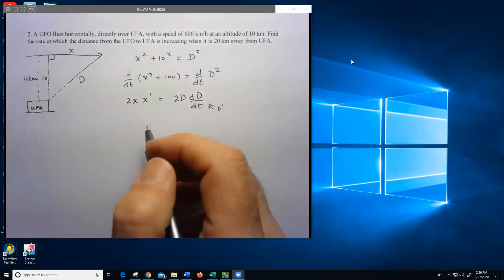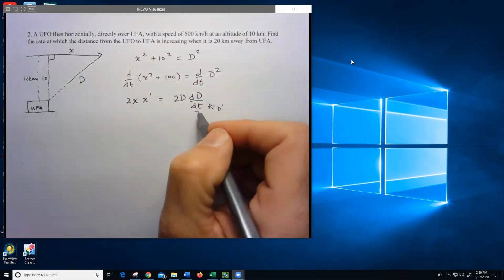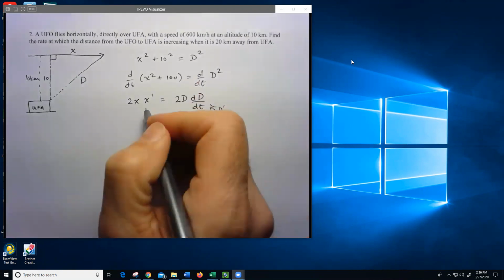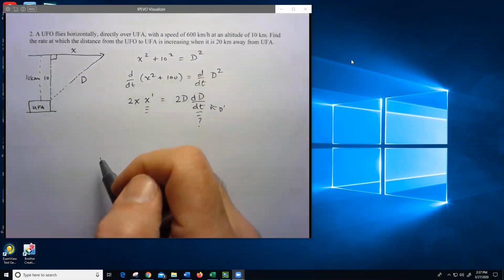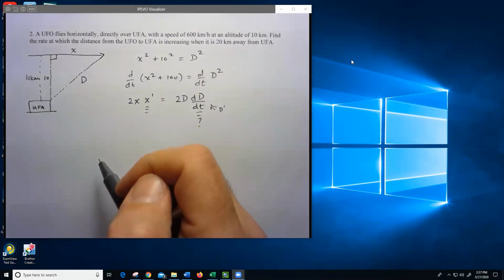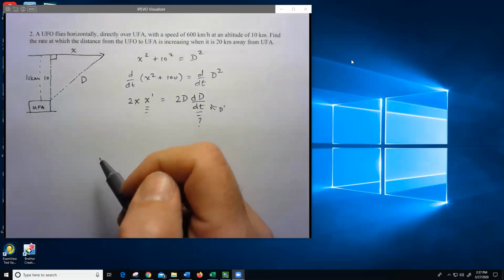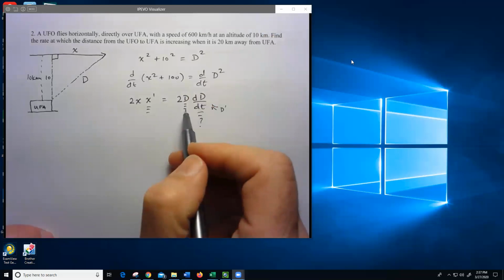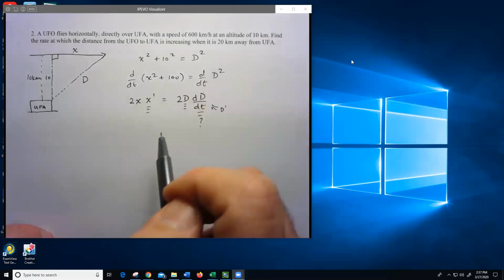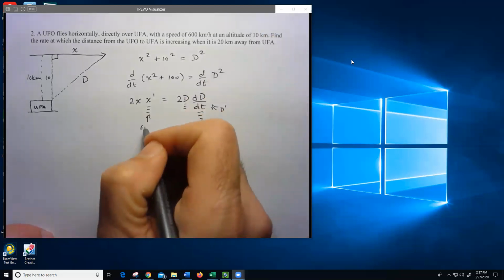Okay, so this is what I'm looking for. This I know is 600 kilometers per hour. I know the value of d at my specific moment in time. That's 20, so I know this is 600.